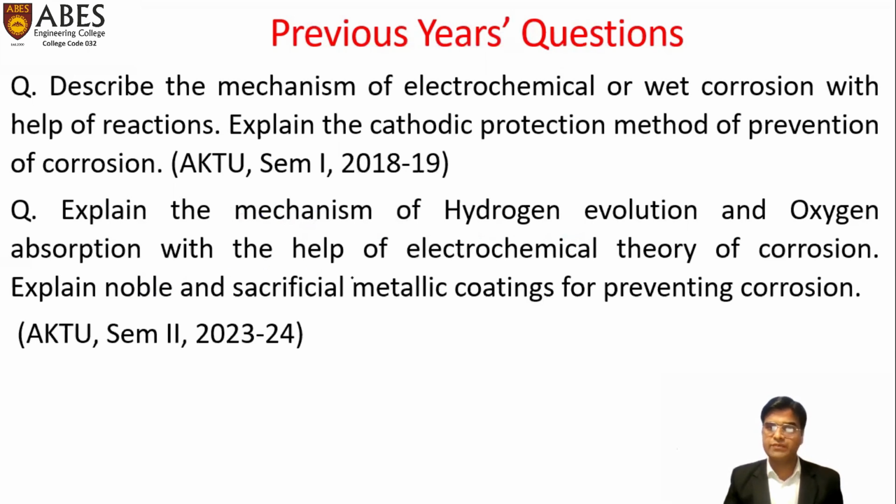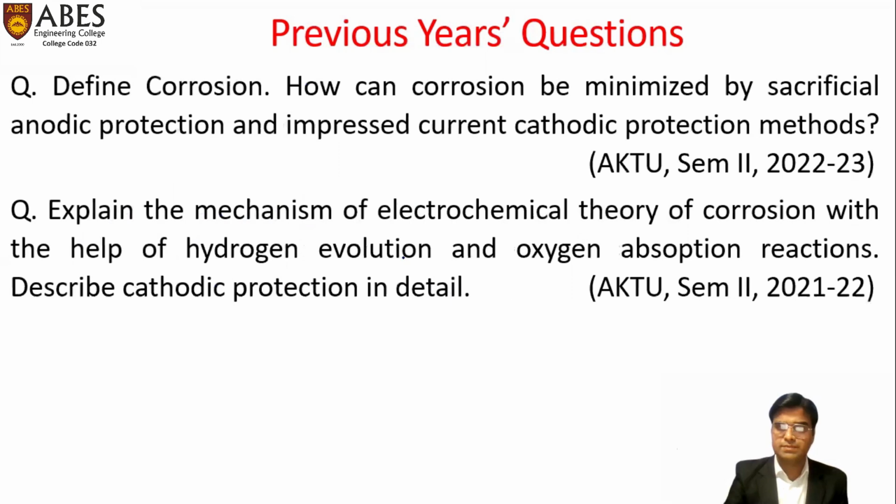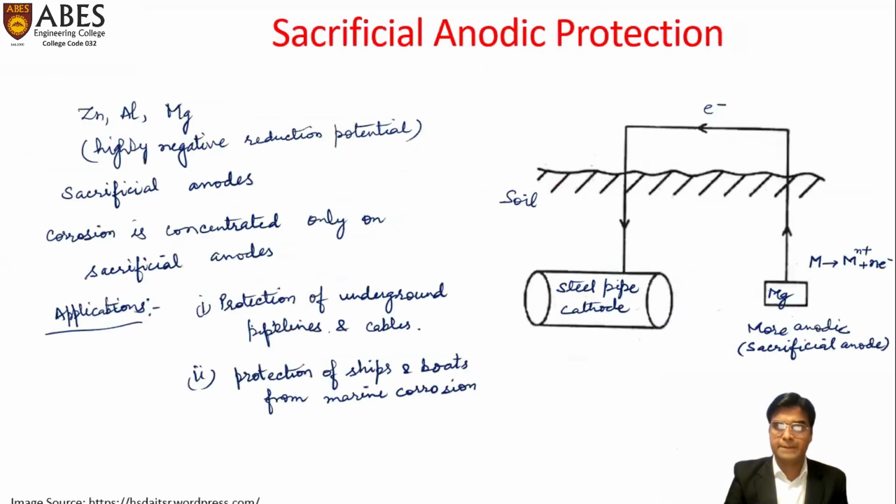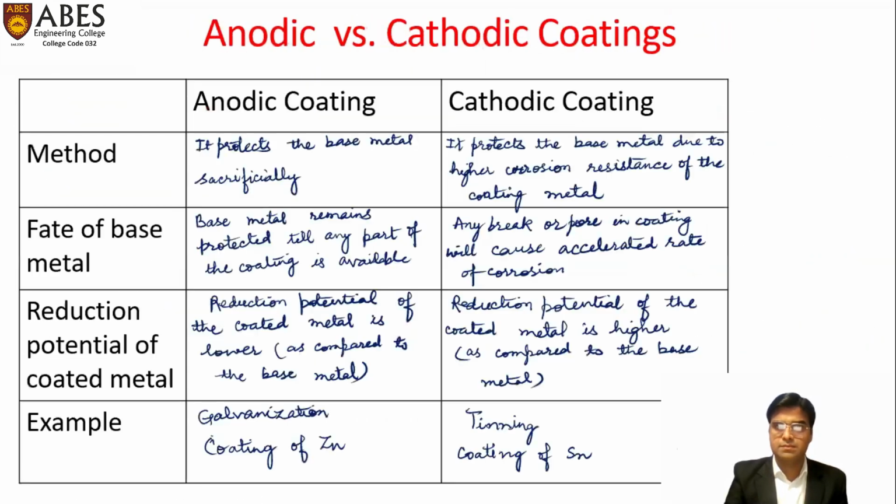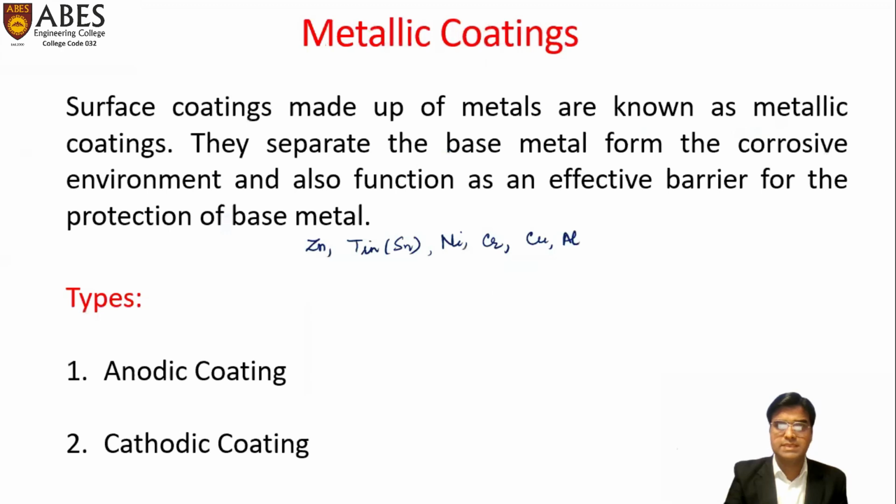Explain noble and sacrificial metallic coatings for preventing corrosion. So we have to answer here by explaining metallic coatings. These are the metallic coatings. These are of two types, anodic and cathodic coating.